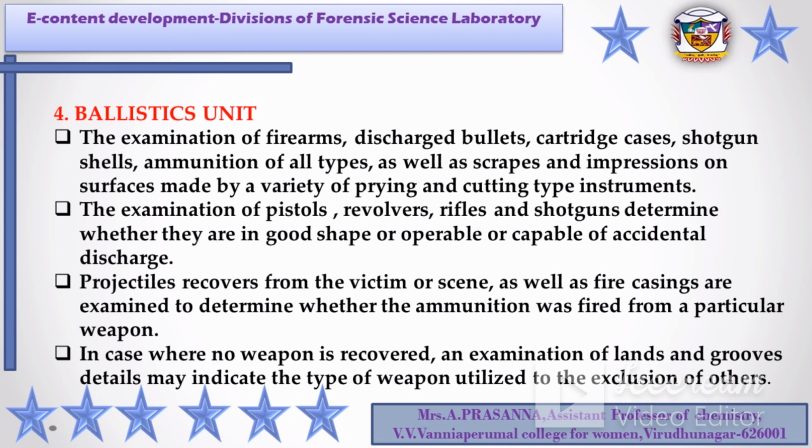Also, projectiles recovered from the victim or scene as well as fire casings are examined to determine whether the ammunition was fired from a particular weapon. In cases where no weapon is recovered, an examination of lands and grooves details may indicate the type of weapon utilized to the exclusion of others.